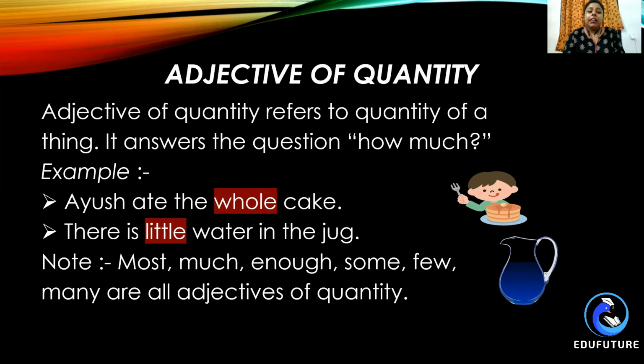What are they? They can be most, much, enough, some, few, many, which all are adjectives of quantity. That means they all answer the question how much of a thing is meant. Is it clear? I hope I am clear to you.